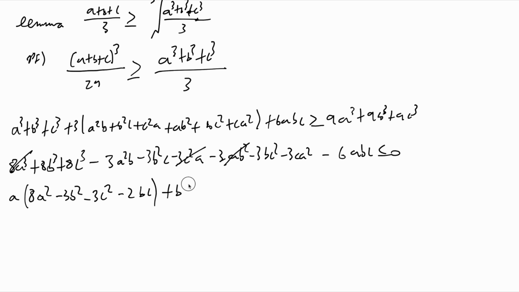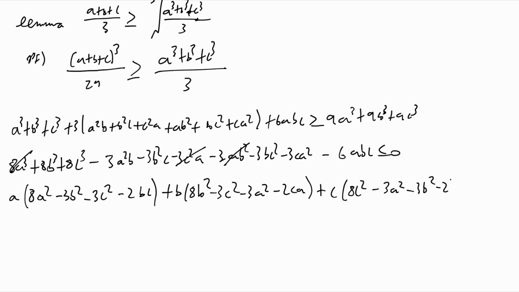So we have b times 8b squared minus 3c squared minus 3a squared minus 2ca plus c times 8c squared minus 3a squared minus 3b squared minus 2ab is less than or equal to 0.